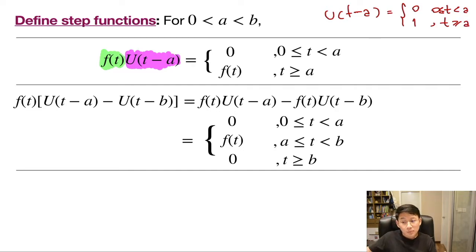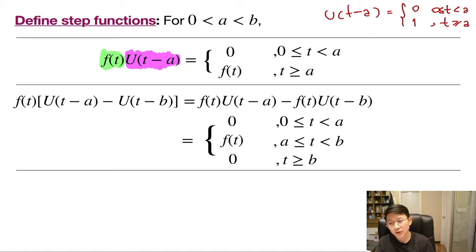So if you multiply it by f(t), it will be 0 times f(t) is 0 when t is less than a, and it would be f(t) when t is equal to or greater than a. Makes sense? Because u is 1, so if you multiply it by f(t), you would get f(t) when u is 1.